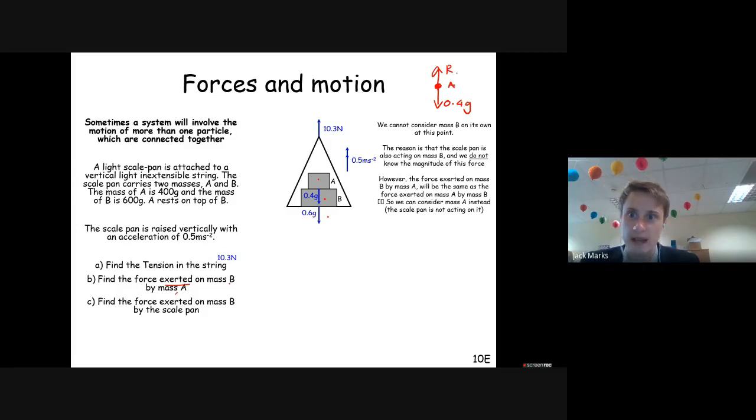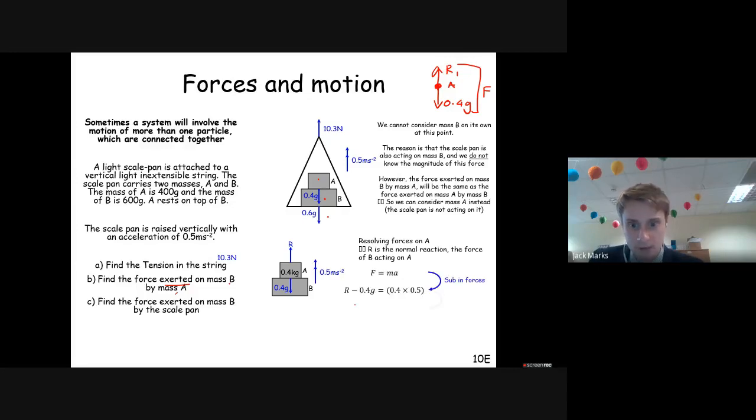Resultant force: it's not as easy as just saying that they're balanced, I'm afraid. In fact, they won't be balanced because the whole thing's accelerating. If you remember, when forces are unbalanced, things accelerate, and this is accelerating. R is not 0.4g. Instead, you need to think of this as the resultant force overall, and then set it equal to ma.